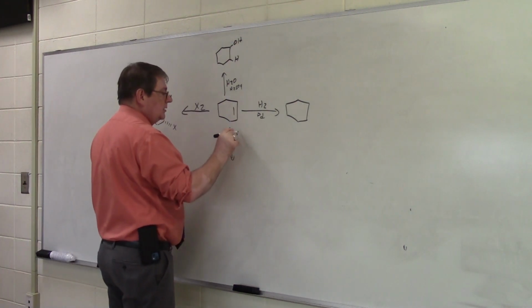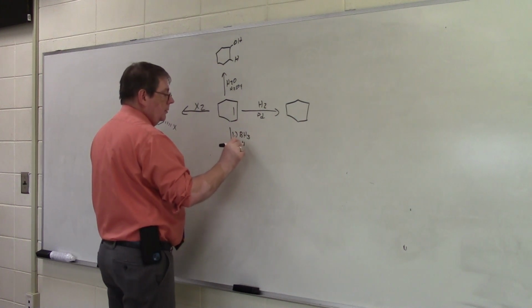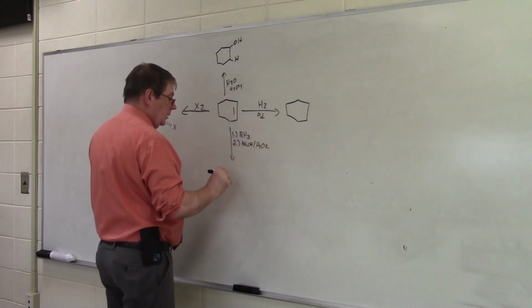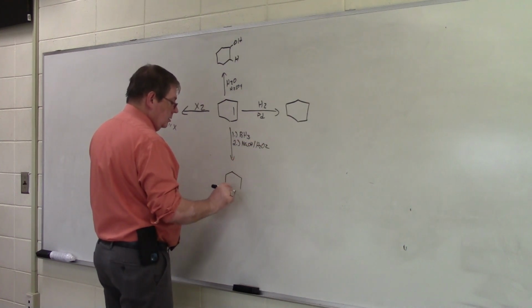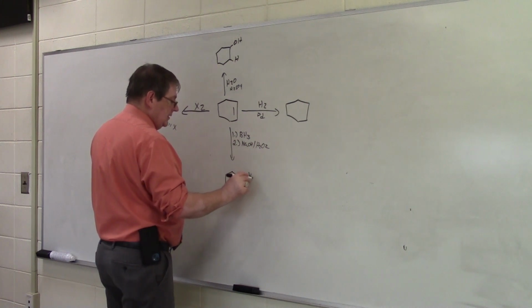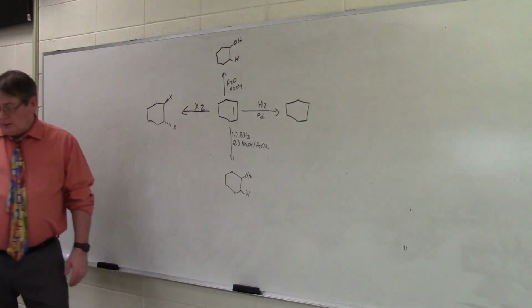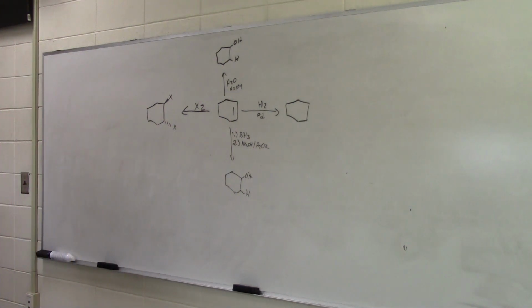There's the hydroboration oxidation sequence, and we can make alcohols there. In this case, it's the same alcohol, but you need to review the differences that are in the book. It's very important. That's around 5.6 where it talks about that.